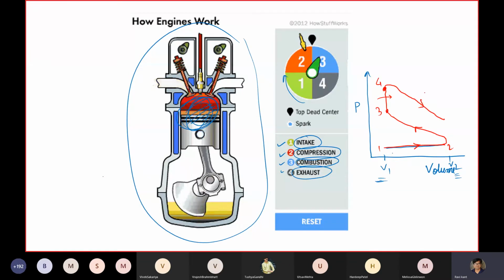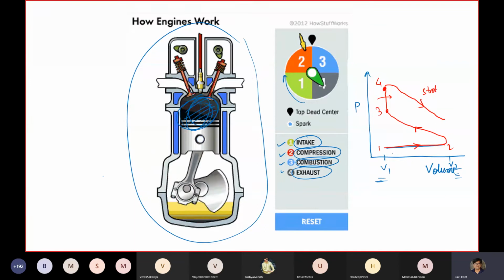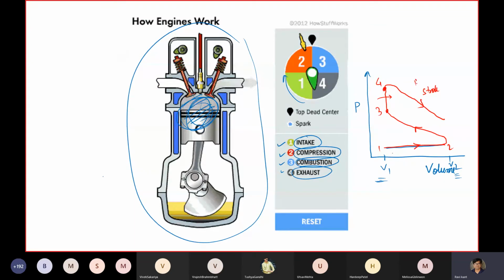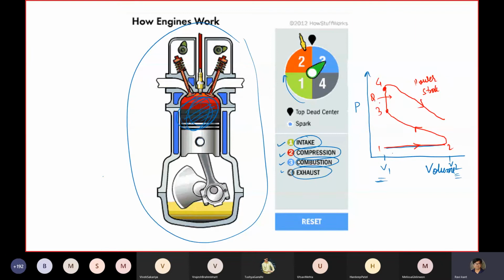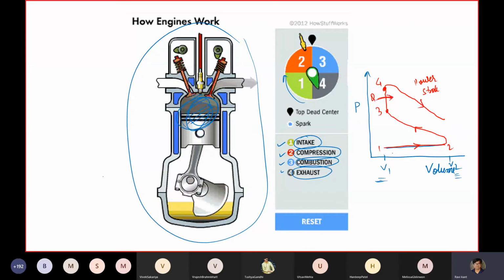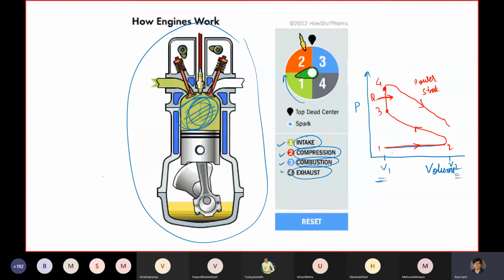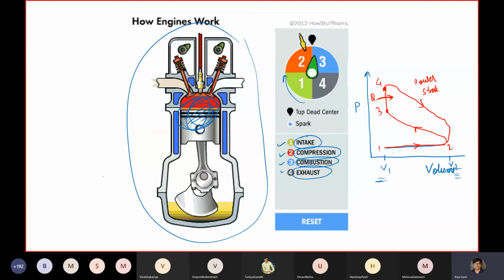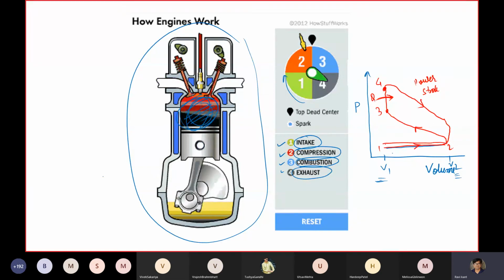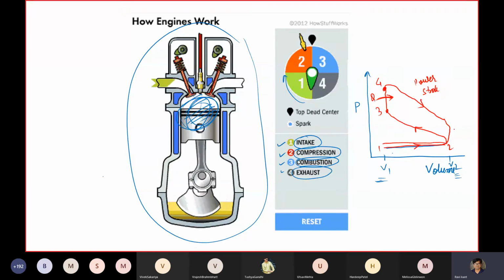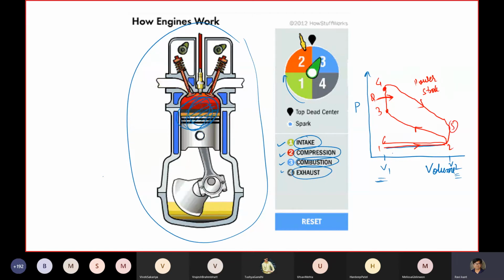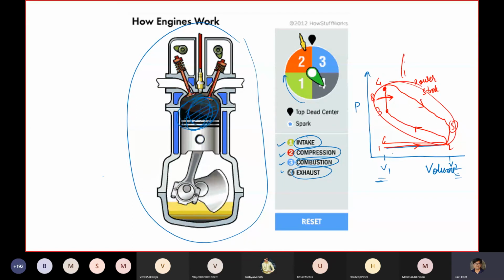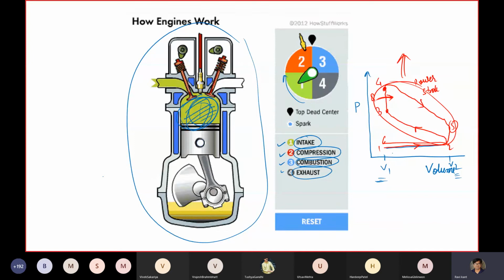This is your power stroke, which gives you power, and this is the heat addition, where the fuel burns and heat is added, and then it comes to the original place with this 1, 2, 3, 4, 5, and 6. So this is a typical cycle that we will extract, and we will talk about this in detail.